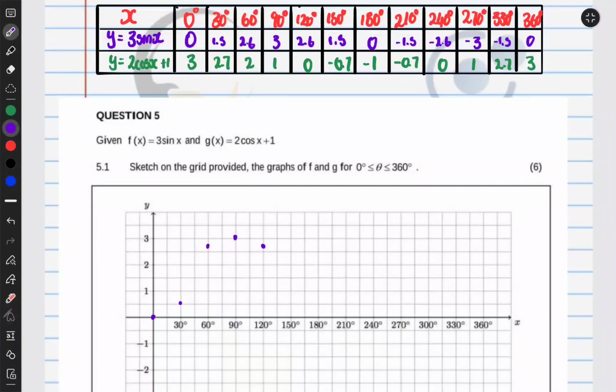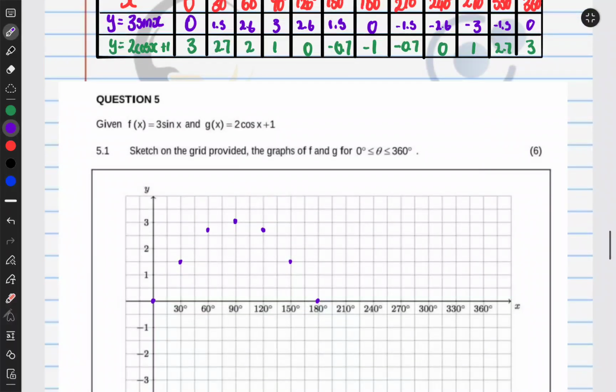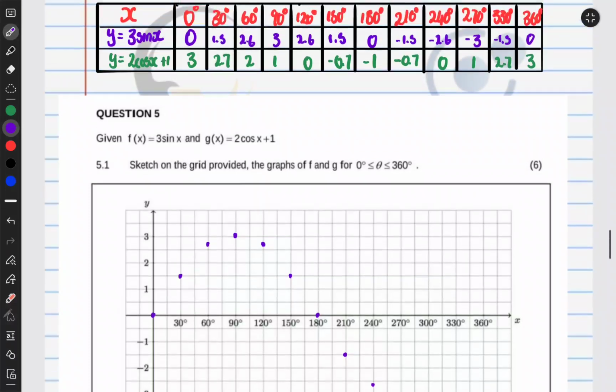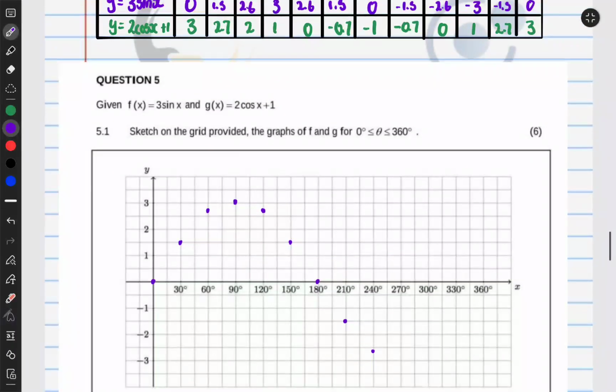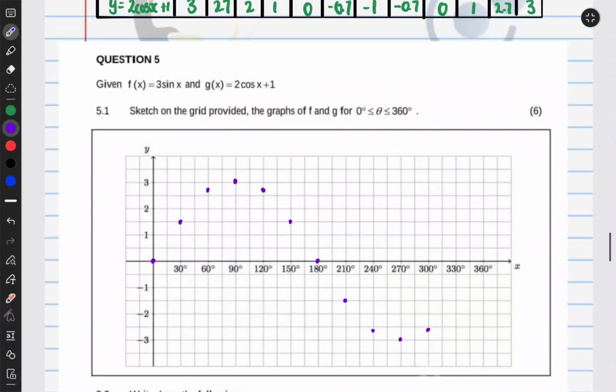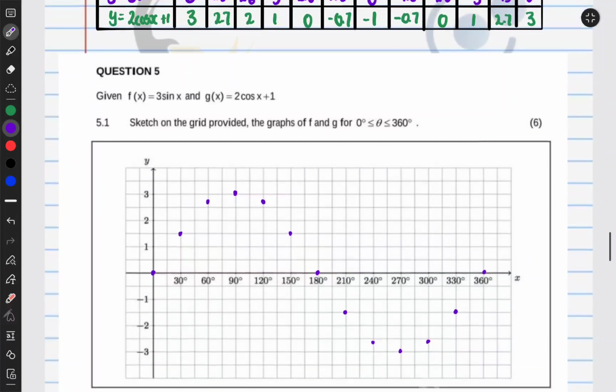Oh, 1.5 is actually here, I made a mistake. Then 180, 0; 210, negative 1.5; 240, negative 2.6; 270, negative 3; 300 is the one we skipped, but it's also negative 2.6 here; 330 is 1.5, it's going to be here, and 360 is 0. There we have our points.